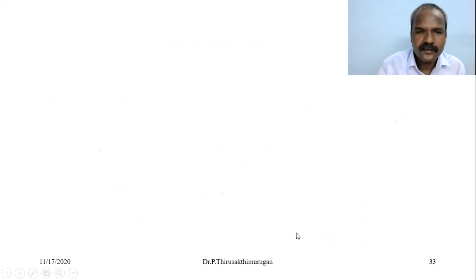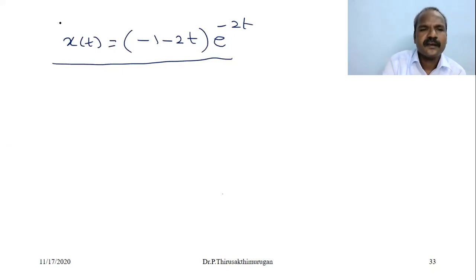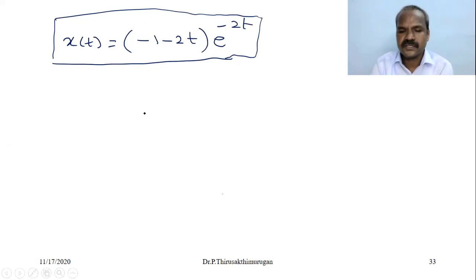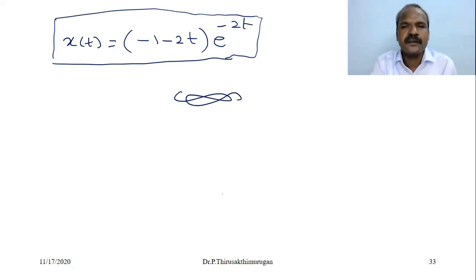So the equation of motion is x of t equal to minus 1 minus 2t into e power minus 2t. So this is the expression for the given condition of equal roots, real and equal. With this, let us finish our discussion on the various dynamic equations of motion.